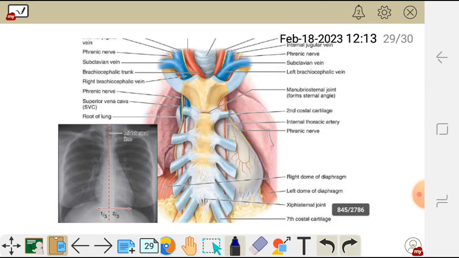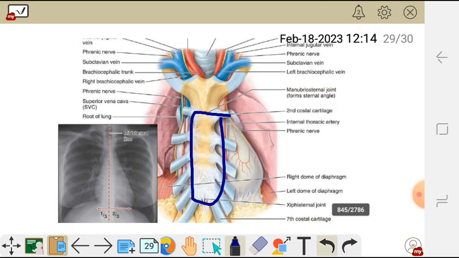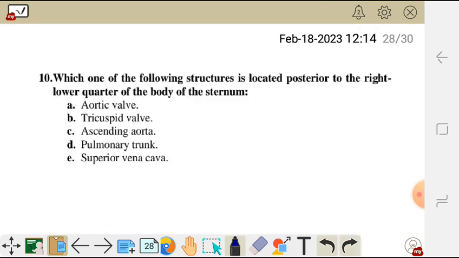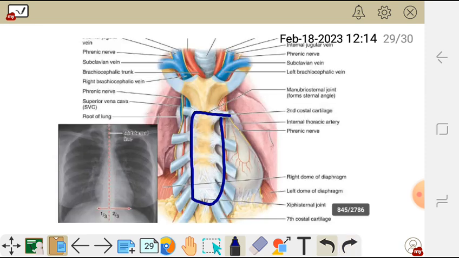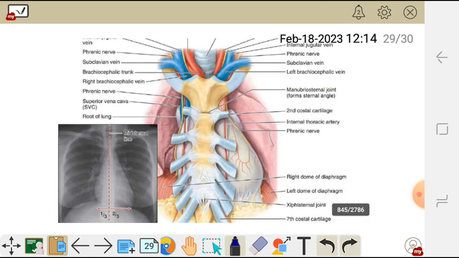So in this diagram, the body of the sternum is here. So the lower quarter of the body of the sternum, we find what we call the tricuspid valve. The right lower quarter is this side.